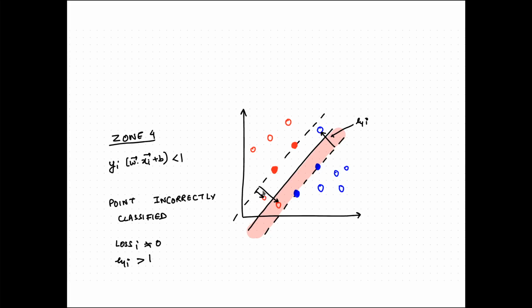So the point in zone 3 would be penalized less, whereas the point in zone 4 should be penalized more. But in both cases, you see that we come up with this equation of the hyperplane on which this point lies, w dot x plus b equal to 1 minus psi of i. Sorry, this should have been xi.